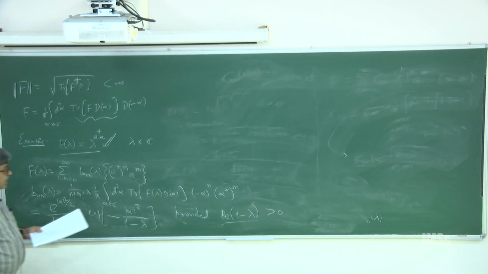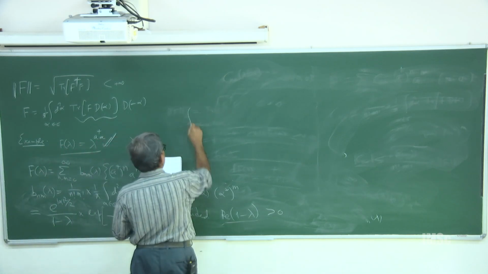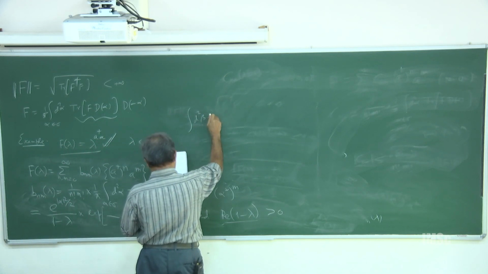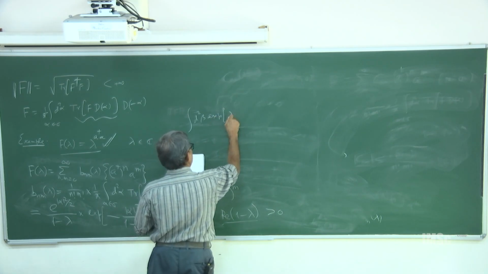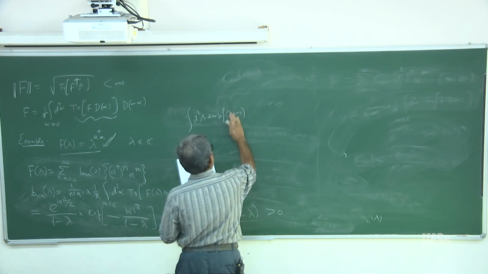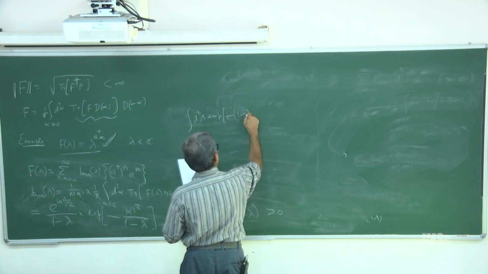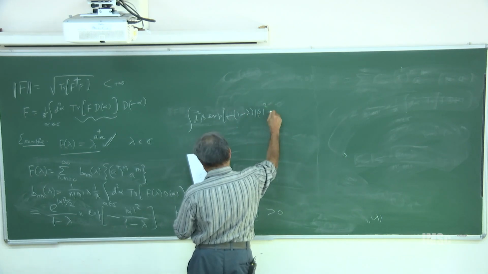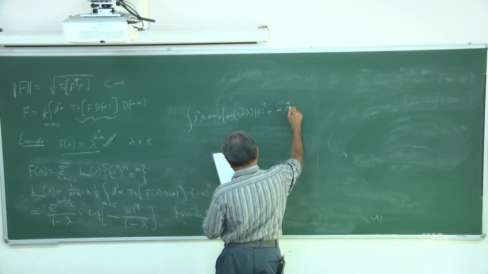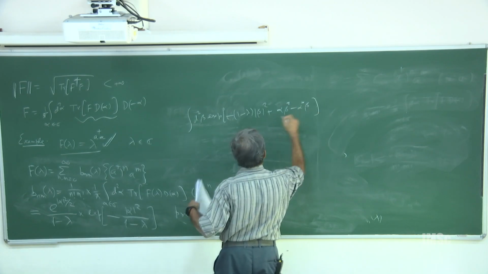You will have to do an integral something like this: d square beta, exponential of minus 1 minus lambda times beta square plus alpha beta star minus alpha star beta.